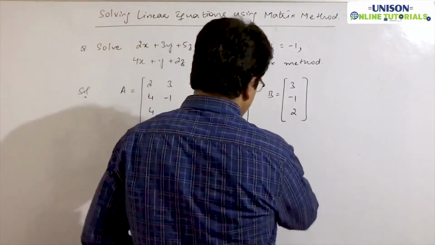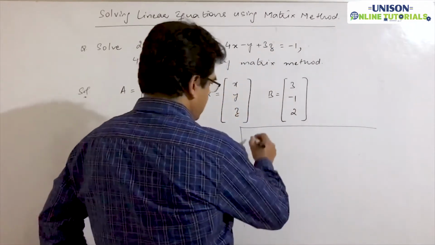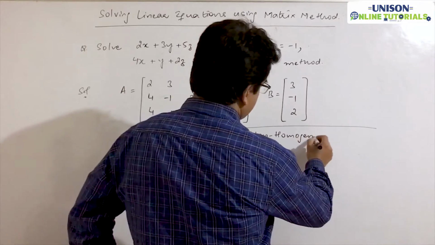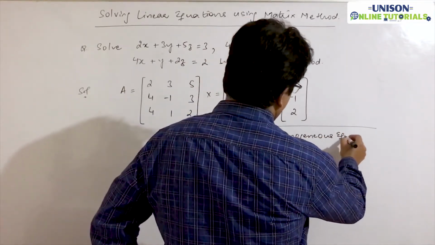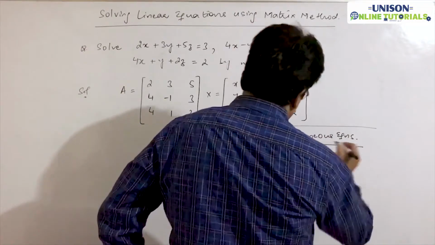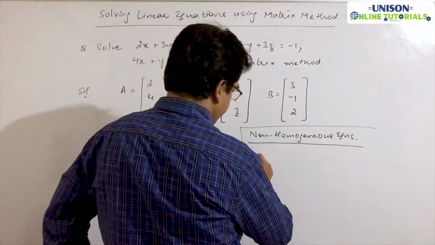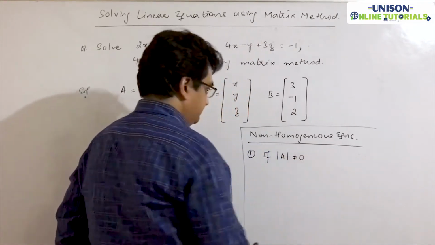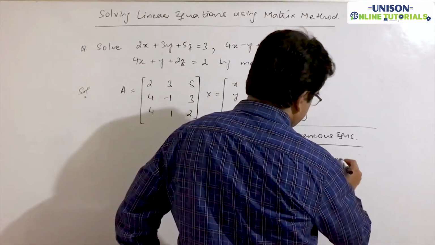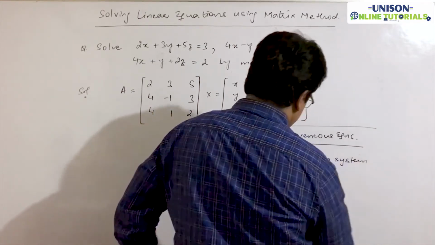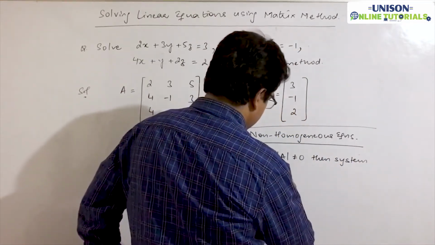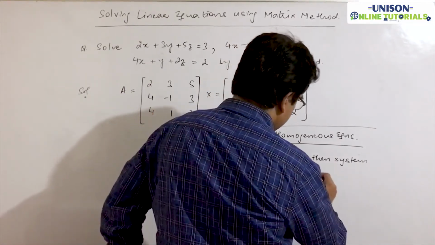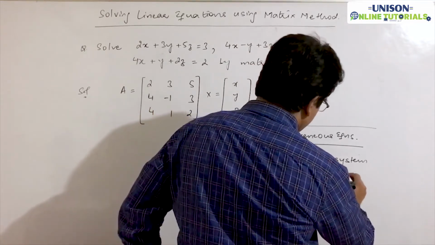Now, in case of non-homogeneous equations, the rules are: first, if determinant A is not equal to 0, then the system is consistent and has a unique solution.